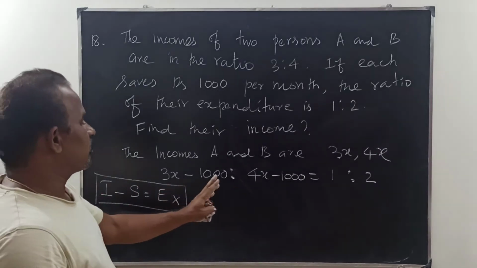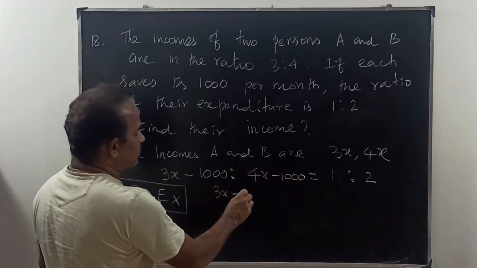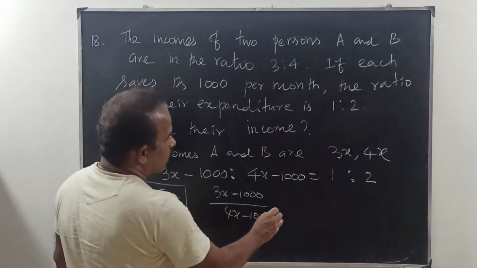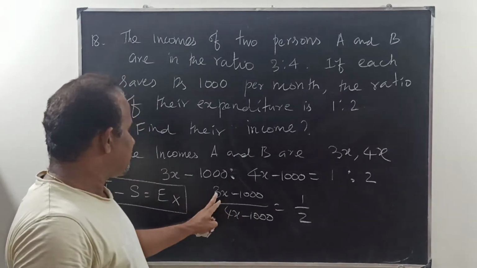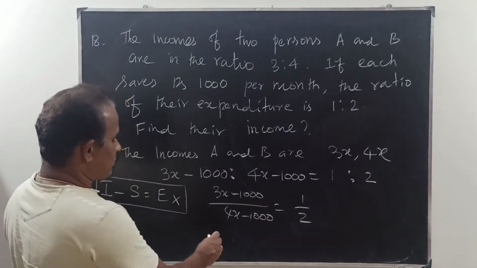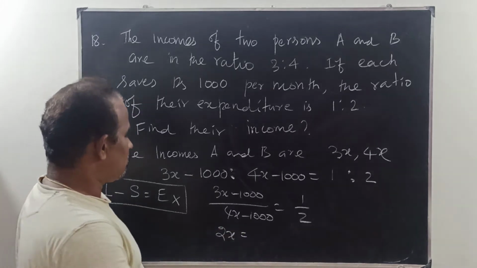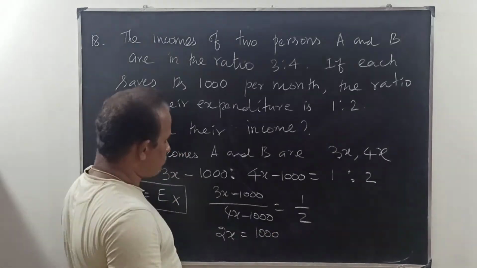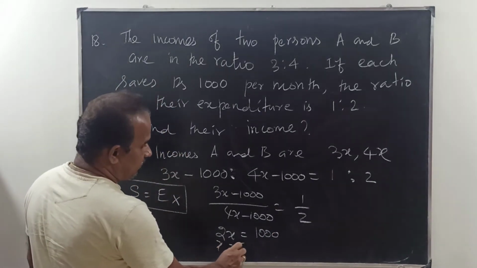You can use this formula. So the two ratios are equal: 3x minus 1000 divided by 4x minus 1000 equals 1/2. Therefore 6x minus 4x, so 2x, is equal to 2 into 1000 minus 1 into 1000. Therefore 2x is equal to 1000, so x is equal to 500.